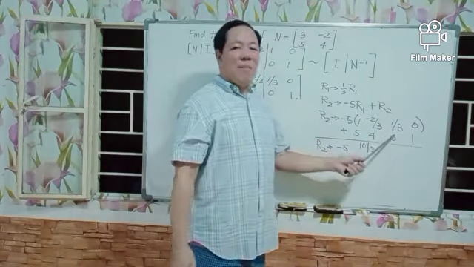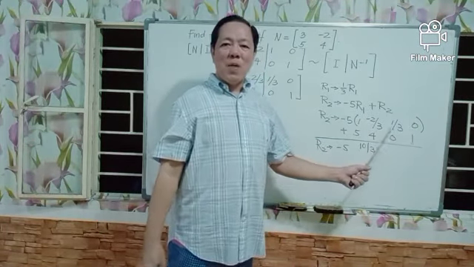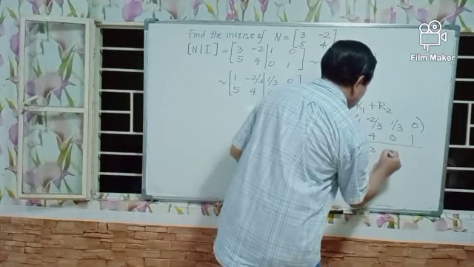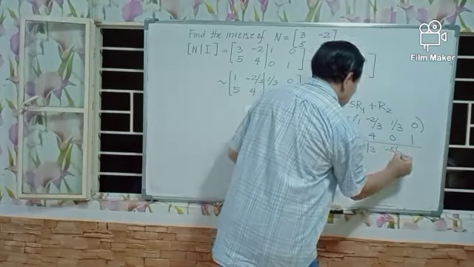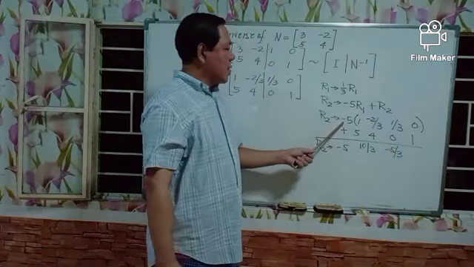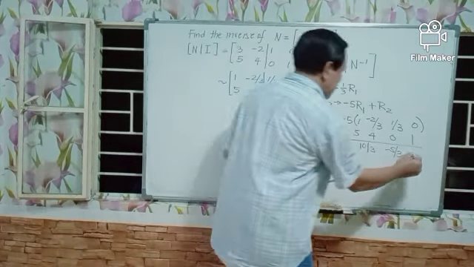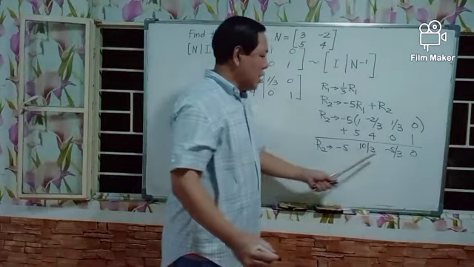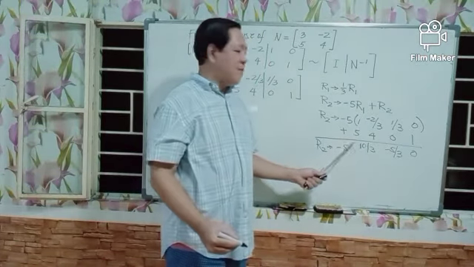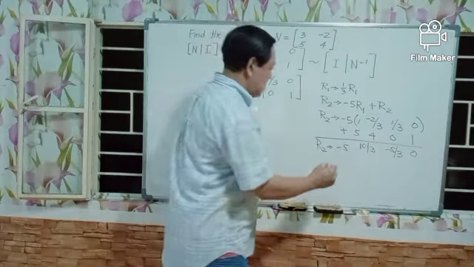Negative 5 multiplied by 1/3 is negative 5/3. And negative 5 multiplied by 0 is 0. And to these entries, we add the entries 5, 4, 0, 1.